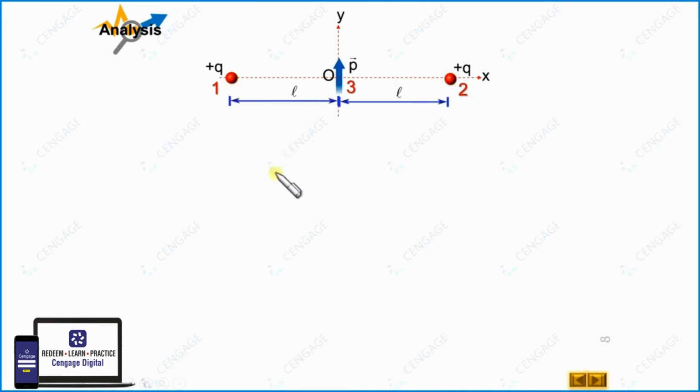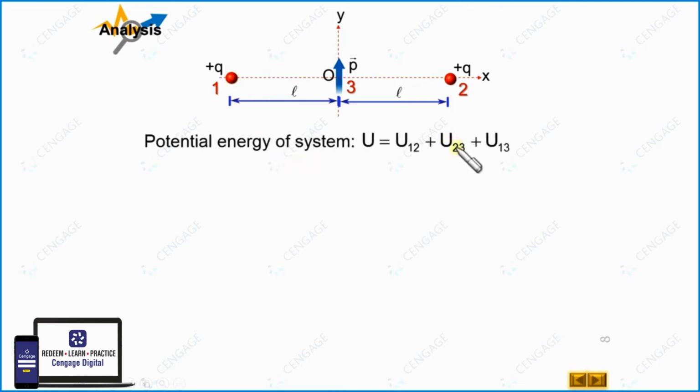That means we can write the potential energy of the system as U12 plus U23 plus U13. This is U12 for these two charged particles, U23 for dipole and charged particle, and U13 for dipole and charged particle again. Here we can write U32 or U23, both are applicable.